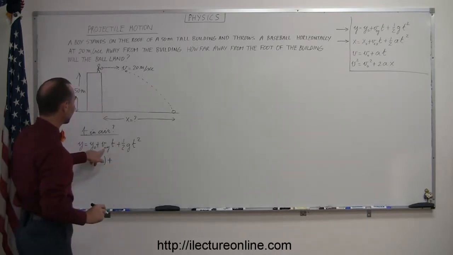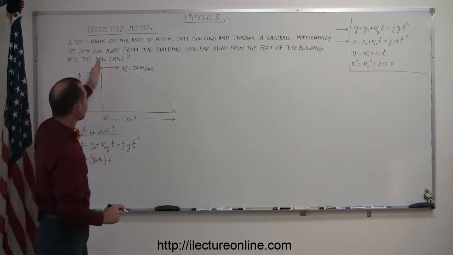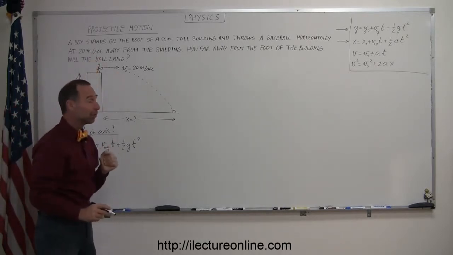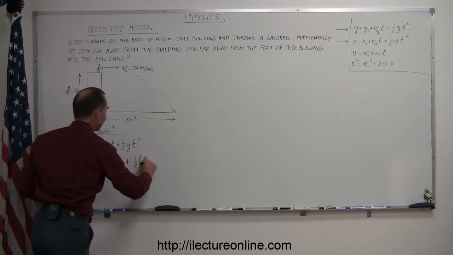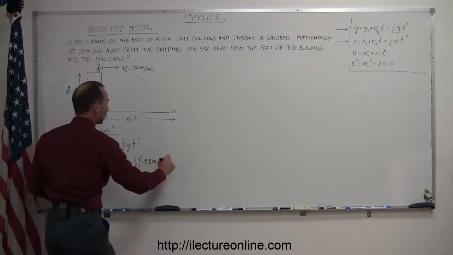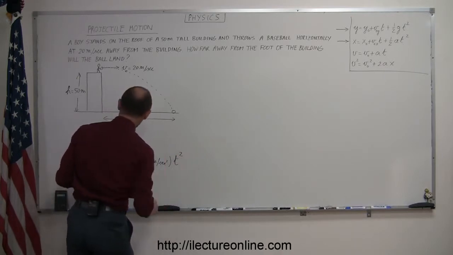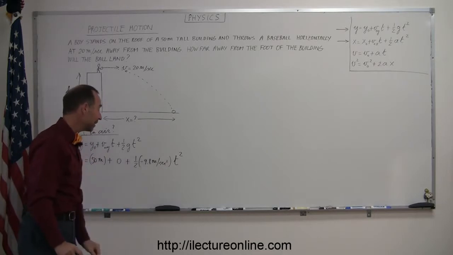plus the initial velocity in the y direction. Now, since the boy throws the ball out horizontally, there's no vertical component to the initial velocity, so therefore that would be 0. Plus 1/2 times a minus 9.8 meters per second squared times t squared. Now notice here, the only unknown in this equation is the time in the air.